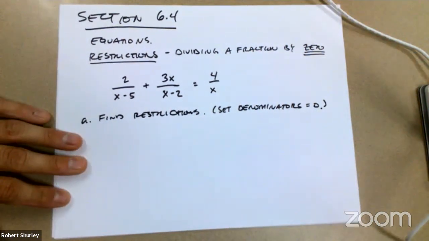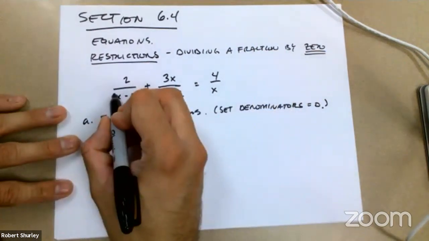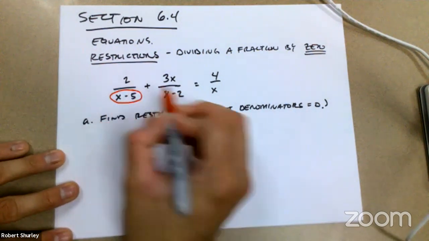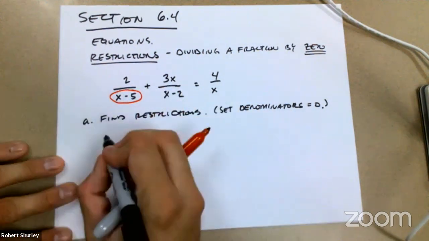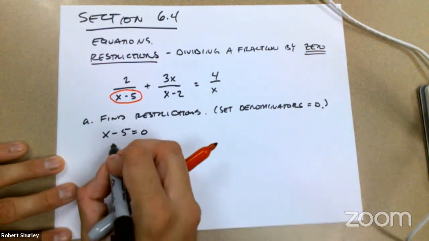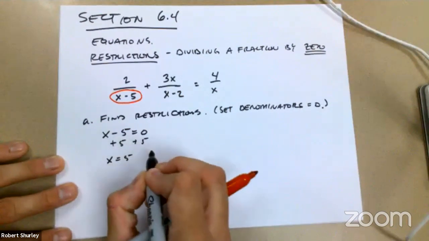Okay, that's it. And then we solve it. I guess there's 2 steps there. So the denominator is equal to 0 and then solve. So this first denominator is x minus 5. So we're going to set that equal to 0. And we're going to add the 5. Right? And we get x equals 5. Okay?